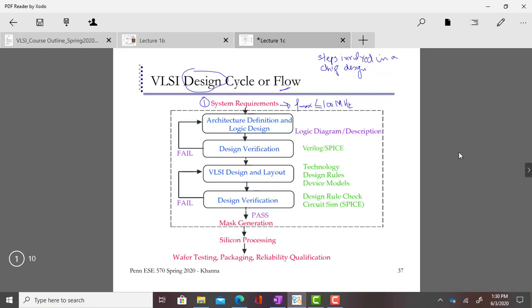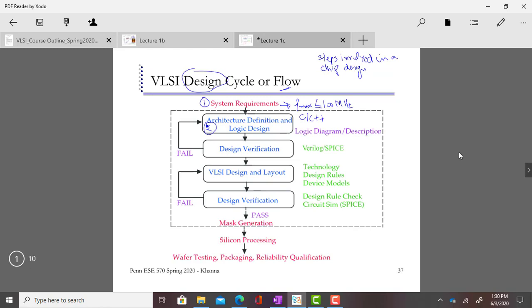Then the next step, number 2, is architectural definition and logic design. So in this step you start with some form of capturing the design. For example, I told you in the last part you can capture your design in C or C++.